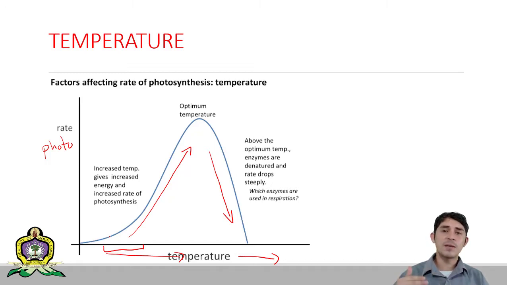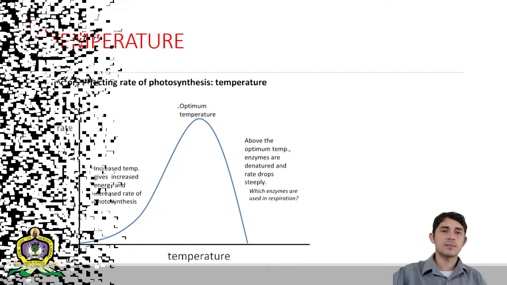Once you increase the temperature, the particles move faster, and the faster they move, the more collisions there are, the more they meet up. But all you need to know is that at a certain temperature, known as the optimum temperature, enzymes are able to work the best. And that is how temperature impacts photosynthesis.